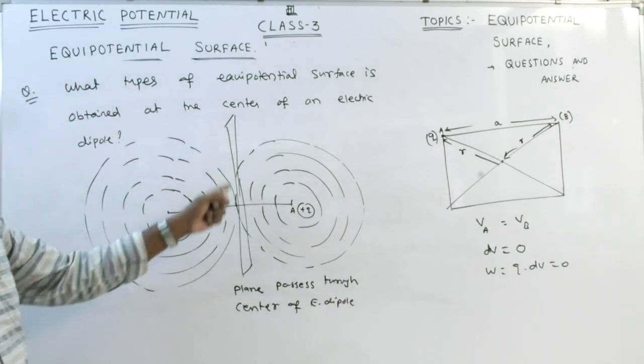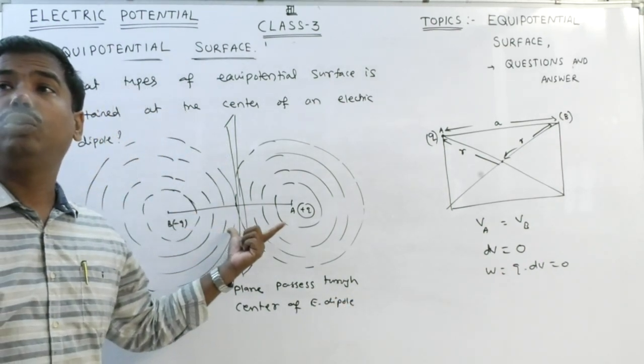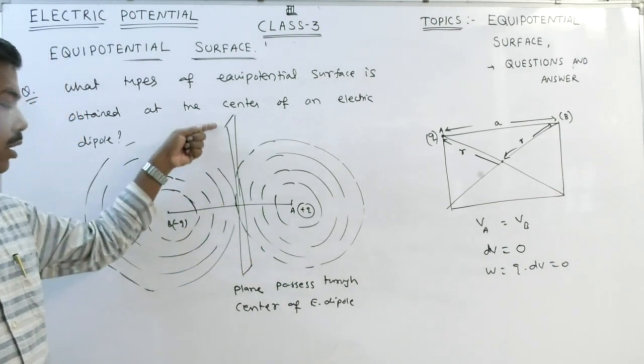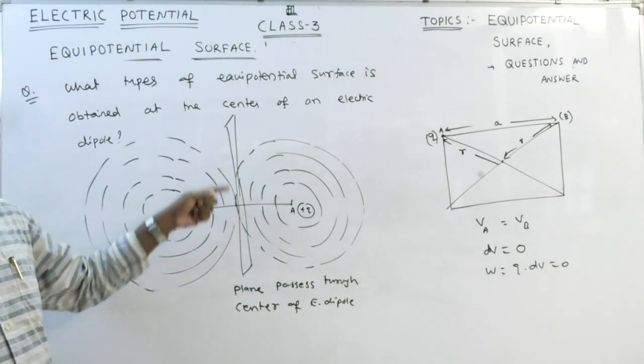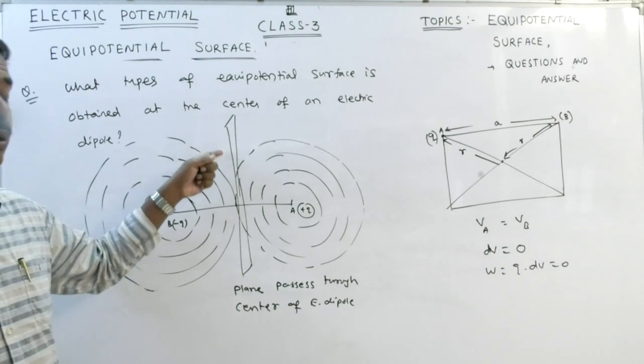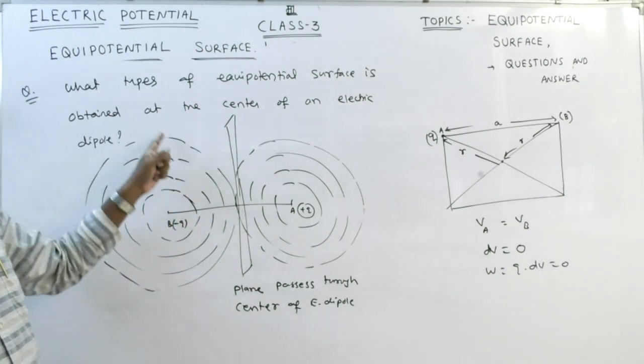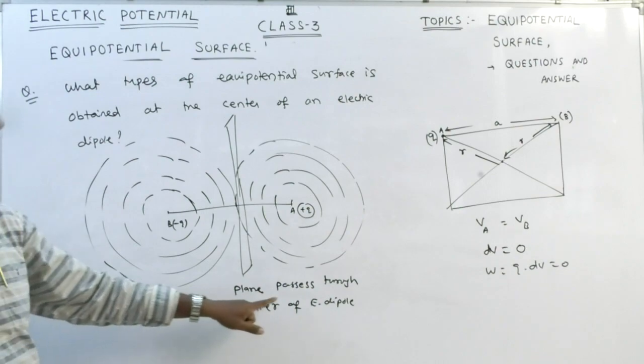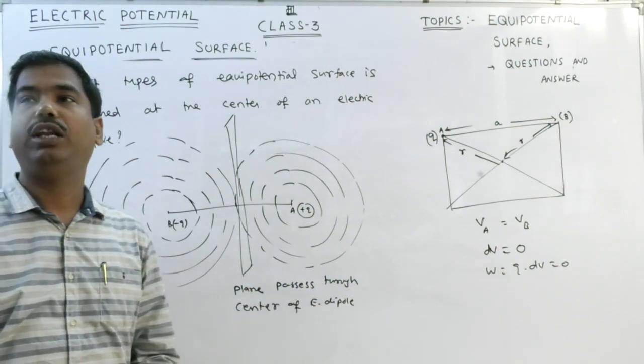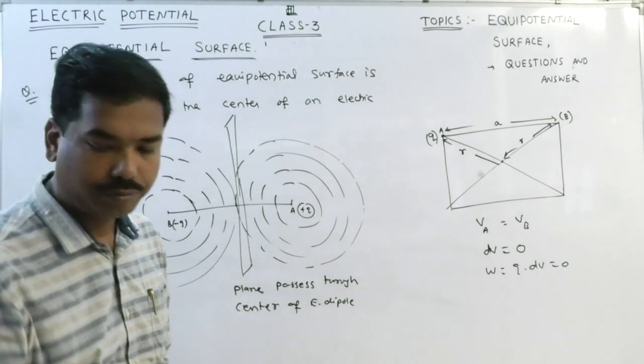So what type of wavefront is produced due to an electric dipole? The equipotential surface is what? A plane that passes through the center of the electric dipole. Clear?